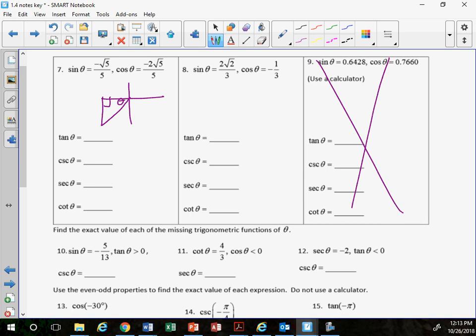All right, now go back to what you know about SOHCAHTOA. Because this is clearly not a unit circle value, right? These are weird numbers. So remember, sine is opposite over hypotenuse and cosine is adjacent over hypotenuse. What does it look like the hypotenuse might equal? 5, okay.